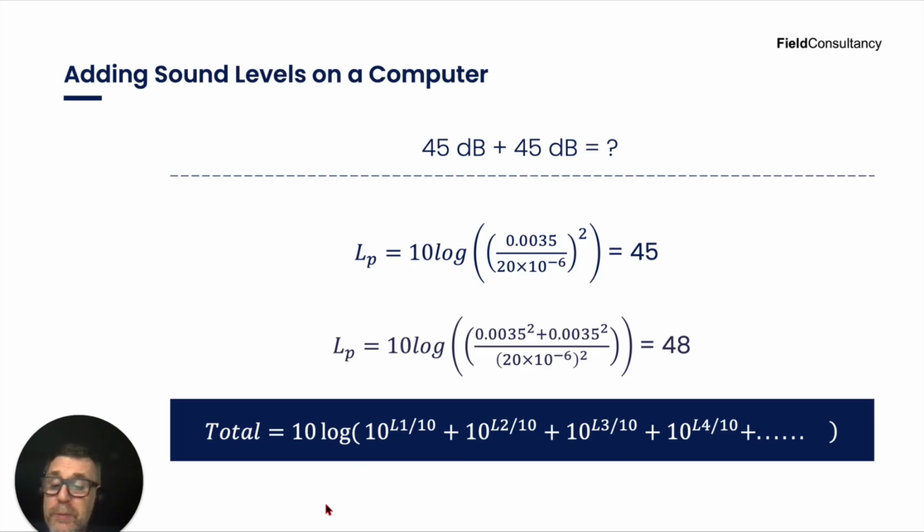So if you had multiple sound sources, you would then use this equation here to calculate the overall sound pressure level when you know each sound pressure level in decibels.